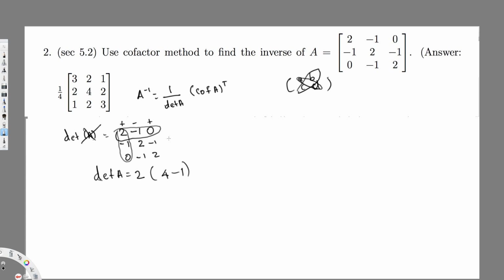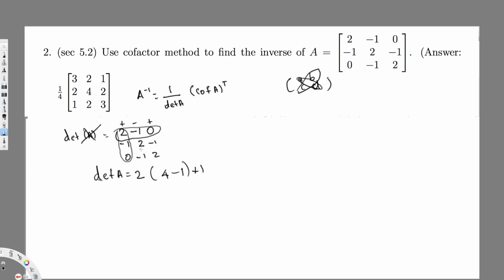So we have to keep doing this for everything. I have done this for 2, now I have to do it for -1. When I do -1, I have to eliminate all the vertical and horizontal components of that. If I eliminate that, I will be left with -1, -1, 0, 2, and then the -1 means I have to put plus 1 right here.